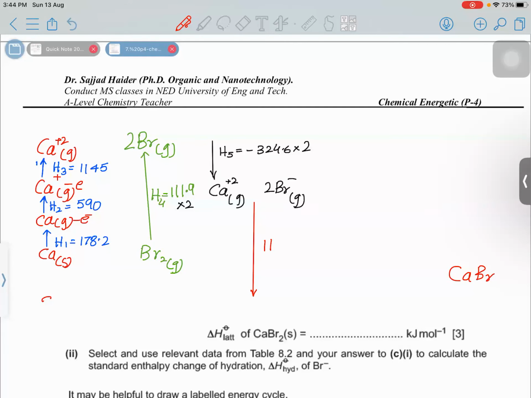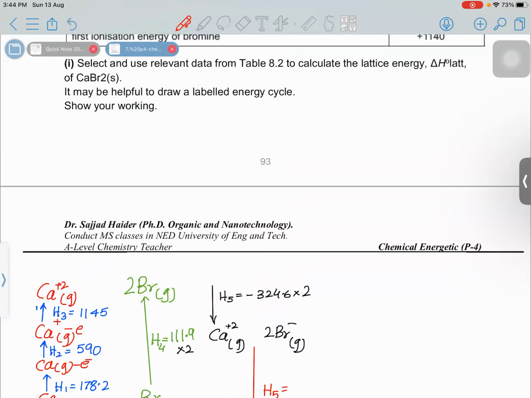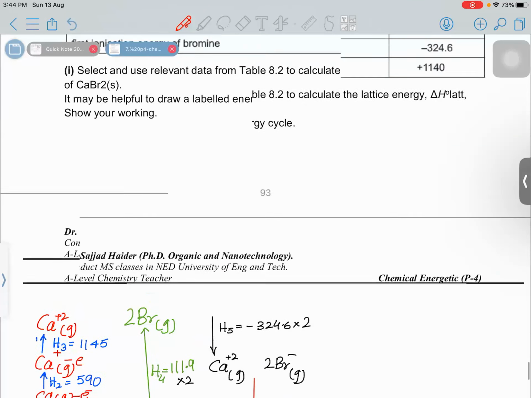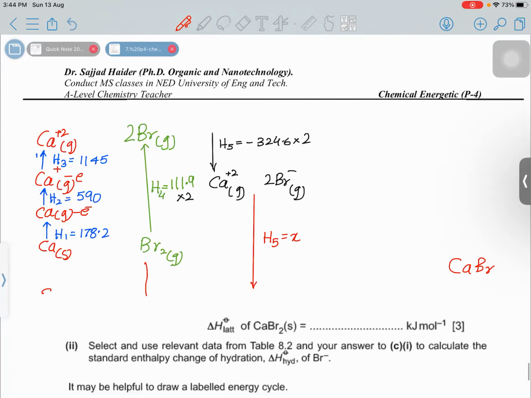This is H5, the lattice energy. Can you tell me the value of the lattice energy? So we have to find it, so it's X. This is calcium bromide solid.